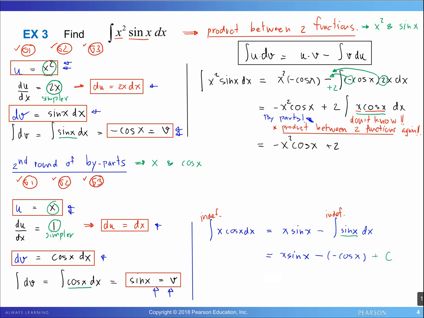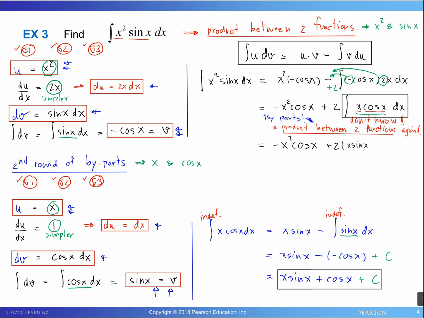So in the end, for the second round of by parts, we have x sine x plus cosine x plus a constant c. And now we put all these terms to here. And now we have x sine x plus cosine x plus c.